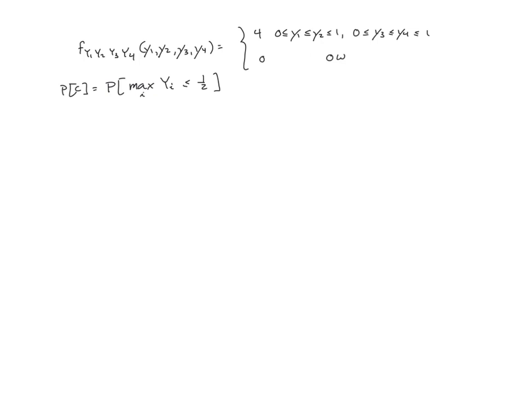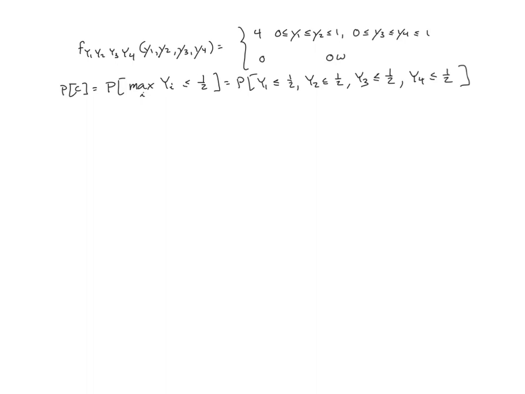So let's start with the basic probability fact that this probability is still the probability y1 is less than or equal to 1/2, and y2 is less than or equal to 1/2, and y3 is less than or equal to 1/2, and y4 is less than or equal to 1/2.